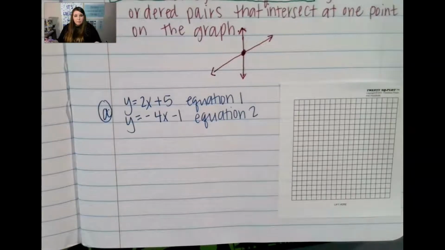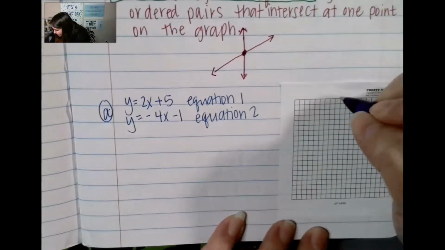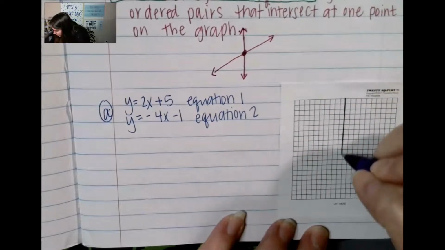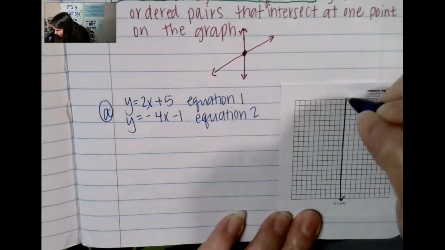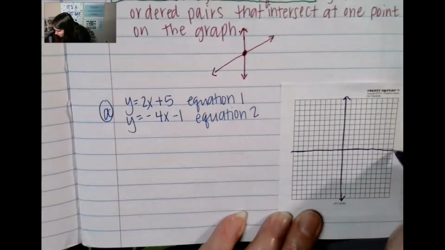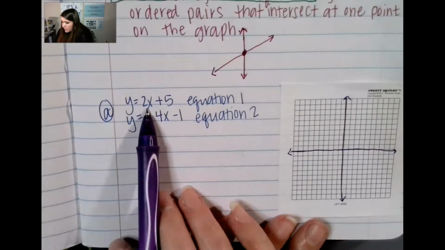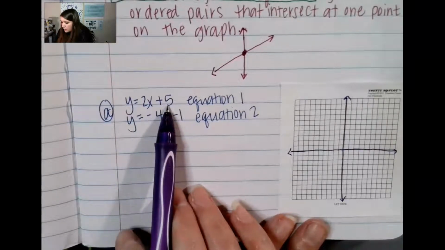All right, so we're going to graph this by looking at the y-intercept, and then see where they cross over together. So let's go ahead and start with our graph. Yours, again, already has these little lines on it. If not, go ahead and draw them. We're going to start with y equals 2x plus 5.